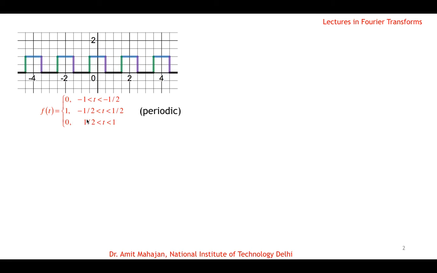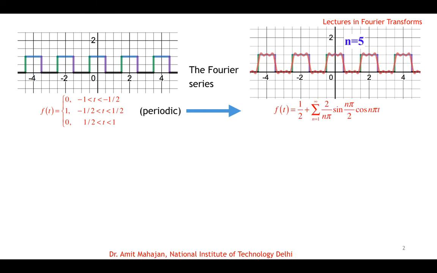So this is a periodic function, and we have already done in the previous lecture that we can calculate the Fourier series for such functions which are periodic in the time domain. That means we can find the function in terms of the trigonometric functions sine and cosine, an infinite sum of sines and cosines.